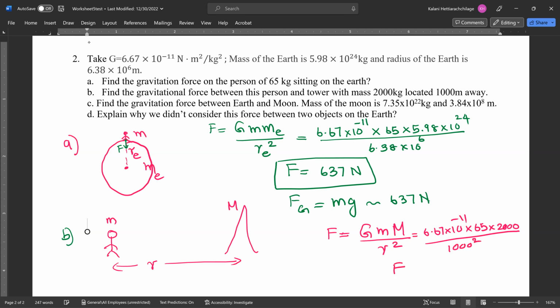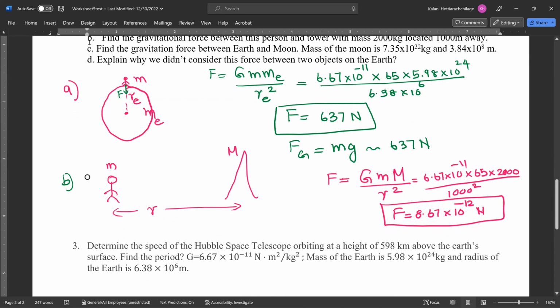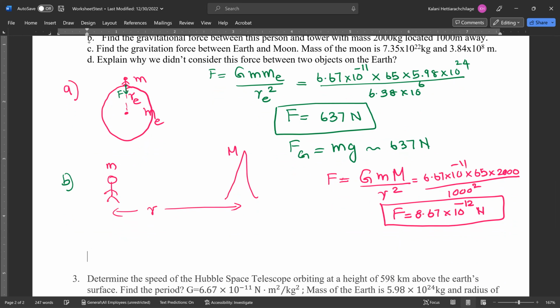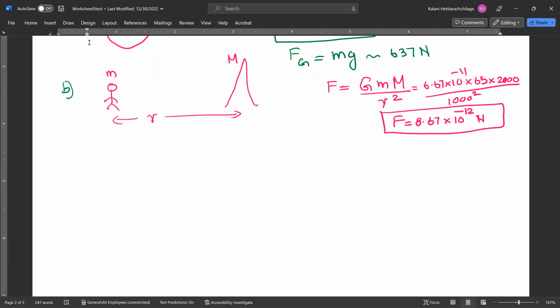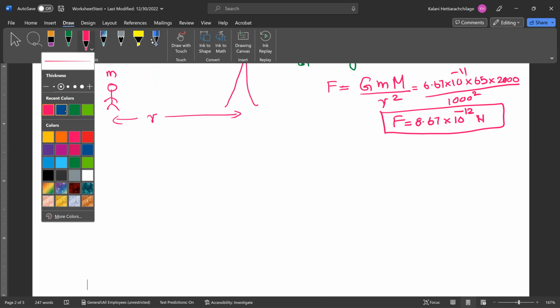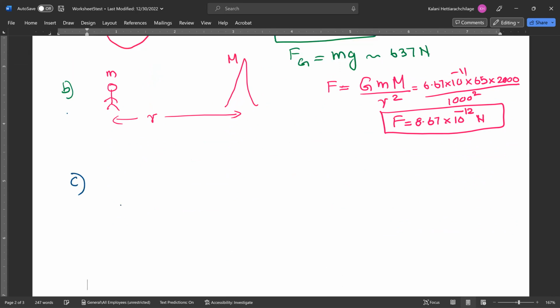Now if you calculate F here, you will see F is 8.67 times 10 to the negative 12 newtons. See how small that force is? That's the reason we do not consider this force when we work with forces or Newton's second law on the Earth, because this force is very small compared to the other forces we are talking about.